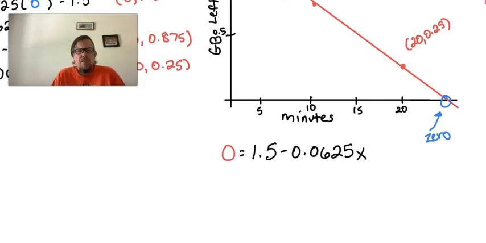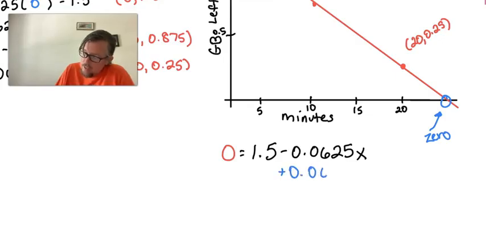There are two different things we could do here. We could either add the 0.0625x on both sides using the addition property of equality, or we could subtract the 1.5 on both sides using the subtraction property of equality. Either one is fine. I'm going to use the addition property of equality for two reasons.